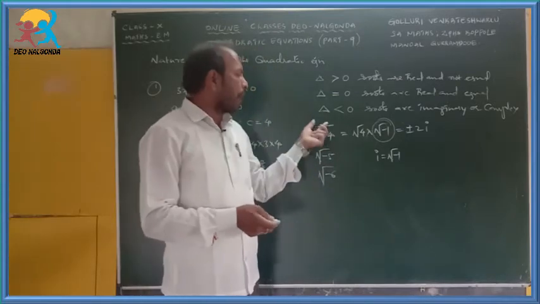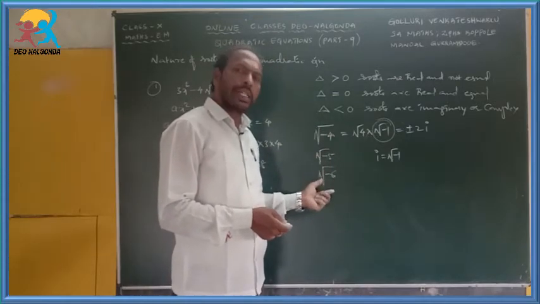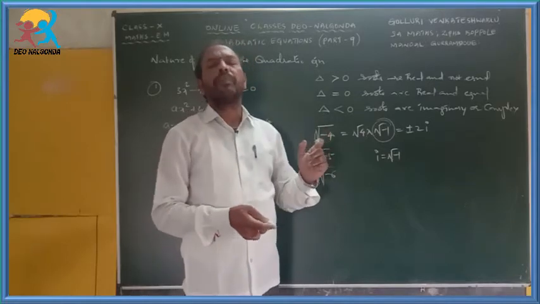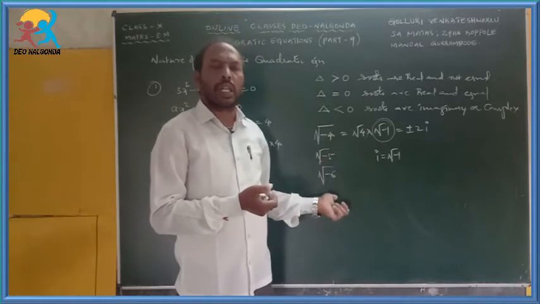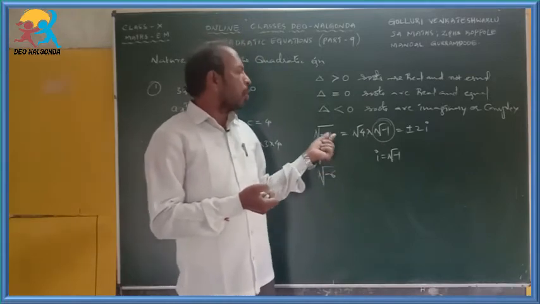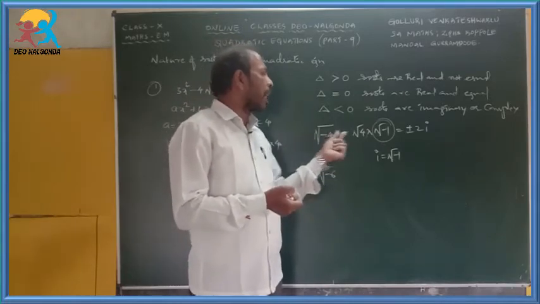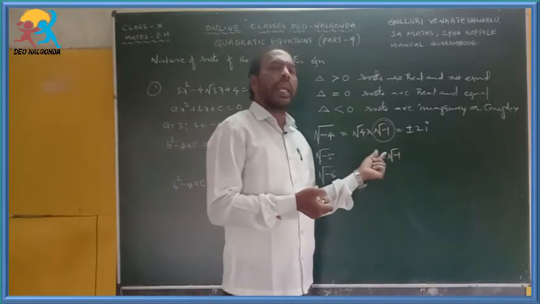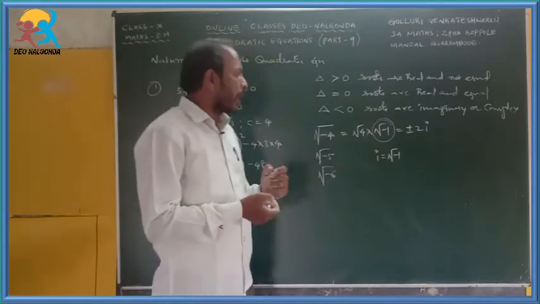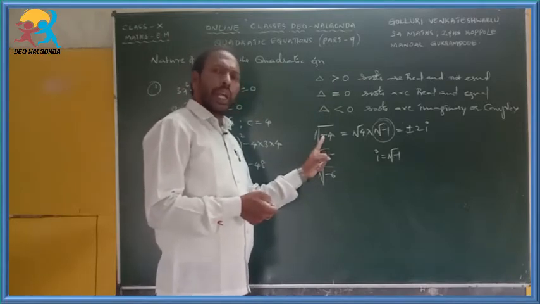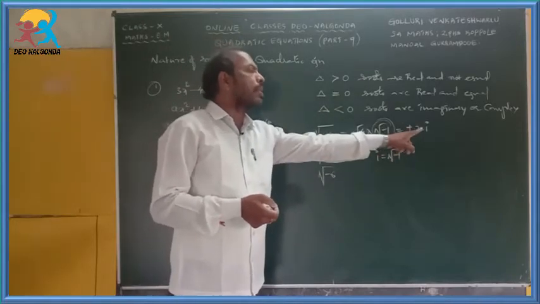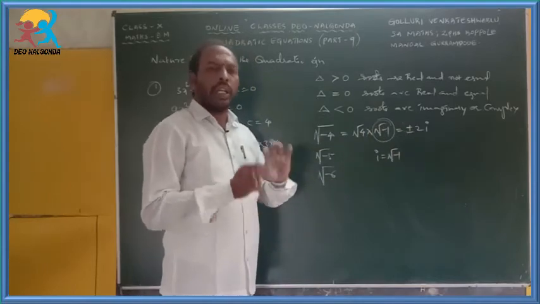Okay? Root of minus 4, root of minus 5, root of minus 6, root of minus 20, root of minus 100. If there is a minus inside the root, those are said to be complex roots, complex numbers. So root of minus 1 value is taken as i, which is imaginary. I said that if the discriminant value is less than 0, negative, those roots are complex or imaginary, and there are no real roots.